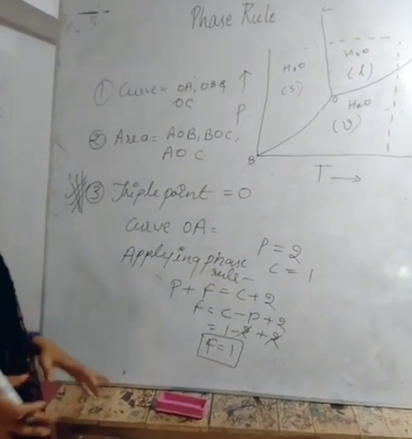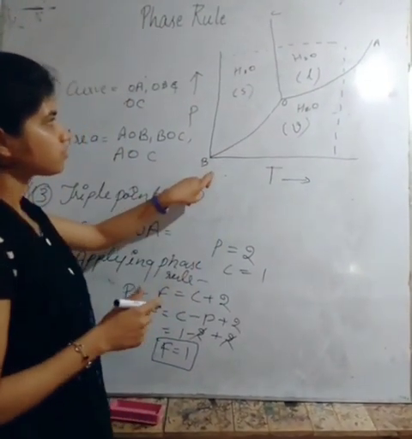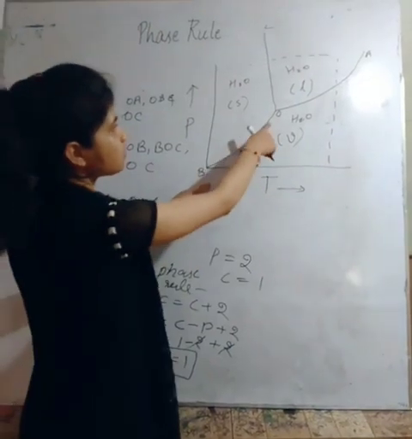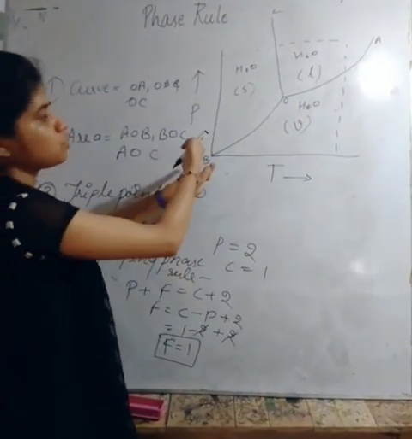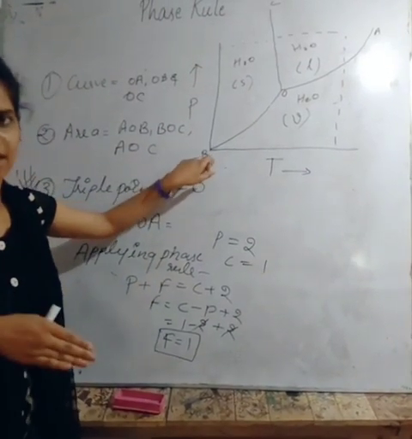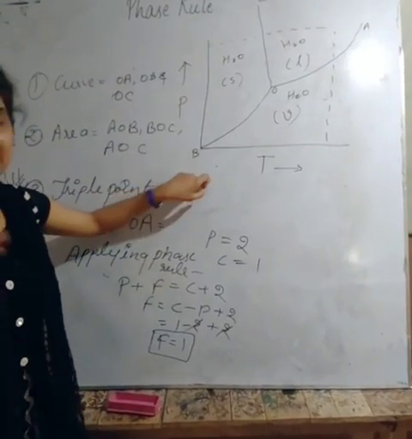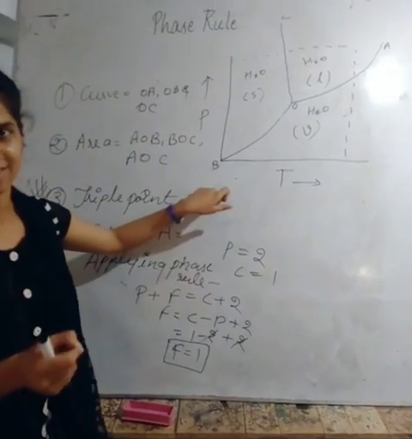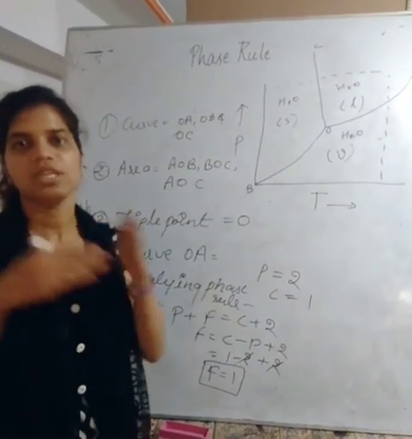In the same way, if we move through the OB curve, we observe that it is first in solid state, while as we move towards B, it changes into vapor state, the gaseous state. It means that it changes from solid to vapor phase. This is a sublimation curve, and we know that sublimation directly changes solid into the vapor form.